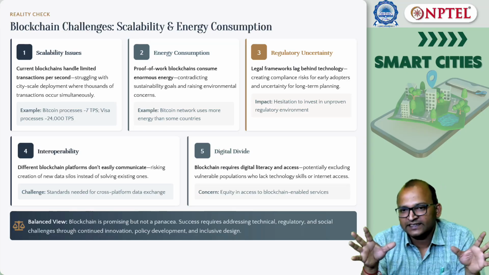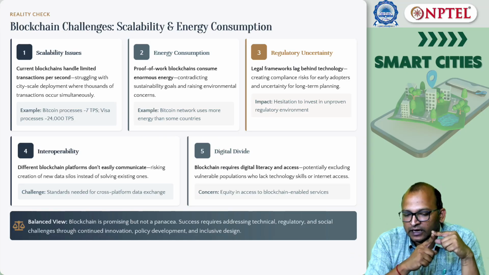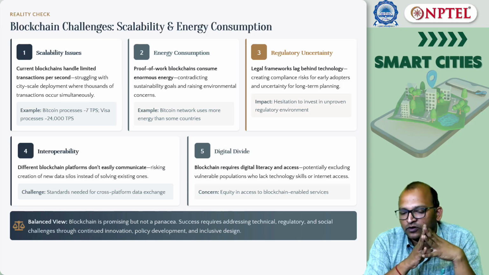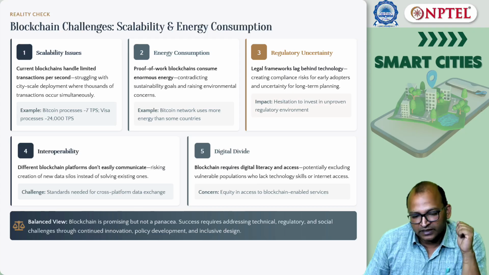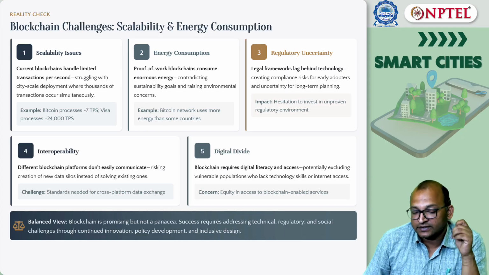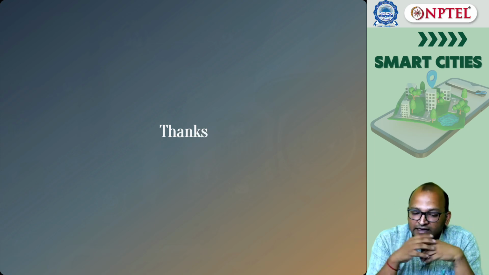So to summarize this lecture, we can say blockchain is permanent, tamper-proof, transparent digital records which can be shared across many computers. The best government applications for blockchain are in land records, public procurement, digital identity and energy trading.